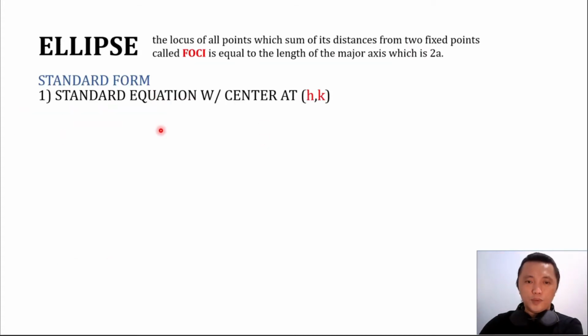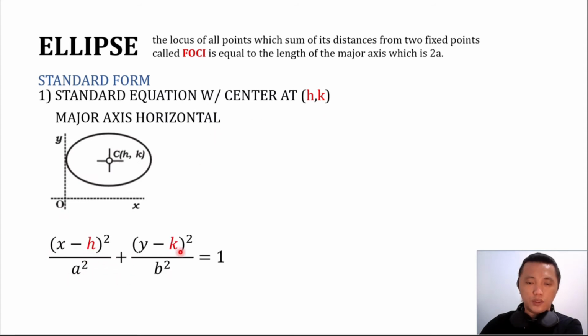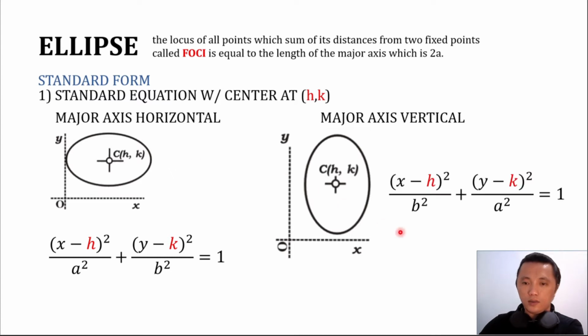The standard form of an ellipse with center at (h, k) is given by quantity x minus h squared all over a squared plus quantity y minus k squared over b squared is equal to 1. This is when the major axis is horizontal, or lies along the x-axis. When the major axis is vertical, it is x minus h squared all over b squared plus quantity y minus k squared all over a squared is equal to 1.